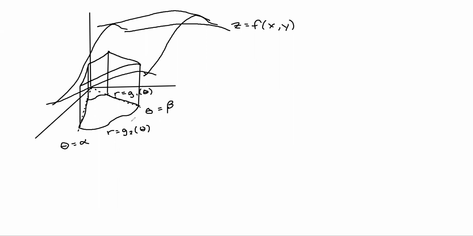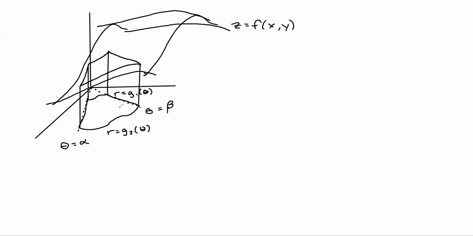And there you go. That's the object that we're trying to find the volume of. So it's the volume beneath the surface, z equals f of xy, and beneath the surface and above the region of this polar shaped base, where you've got sides that are determined by rotations instead of being parallel to the x-axis or parallel to the y-axis.